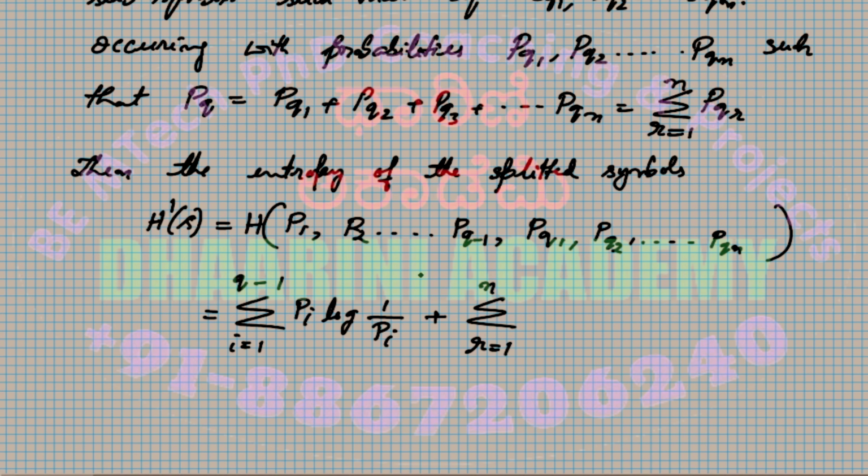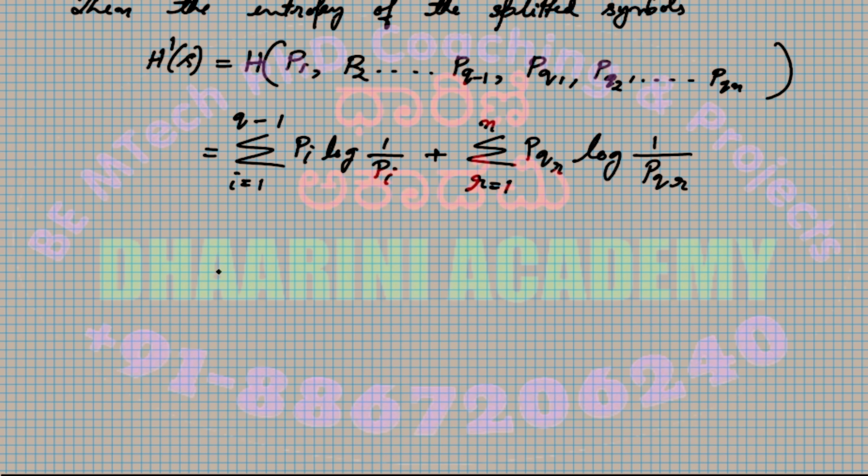So the equation says, summation r is equal to 1 to n, PQR log of 1 divided by PQR. Now let's make a small change here. This is summation i is equal to 1 to q.